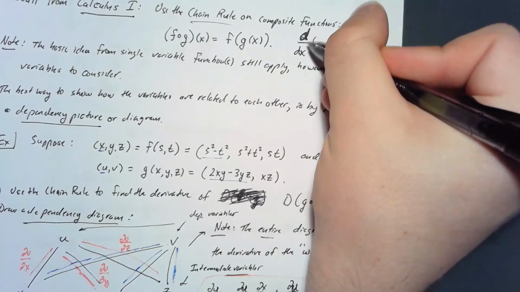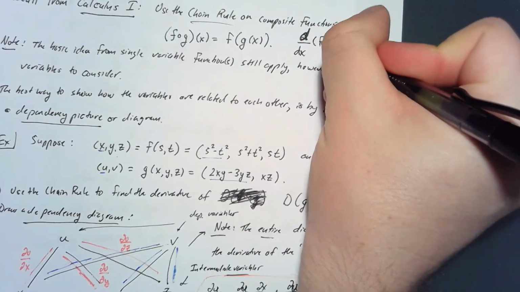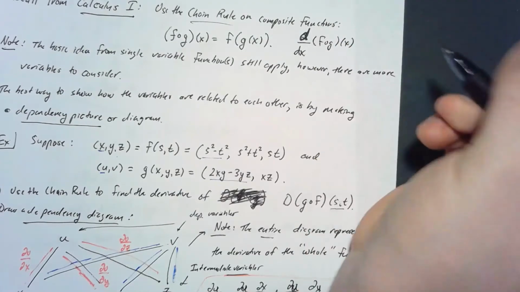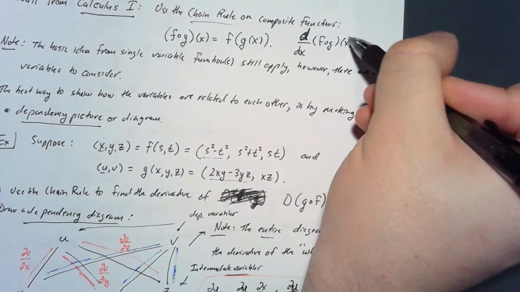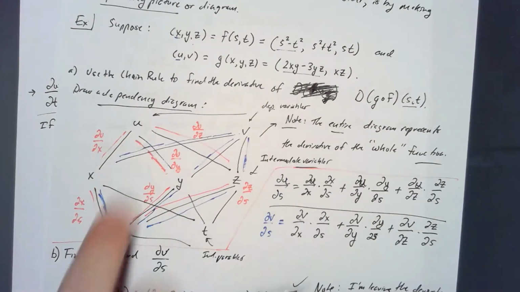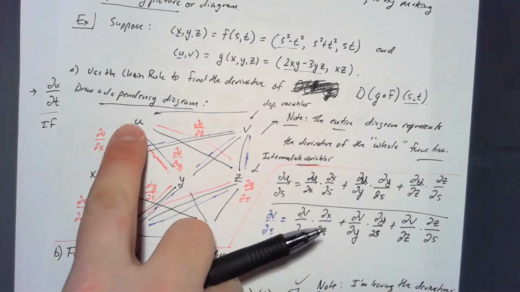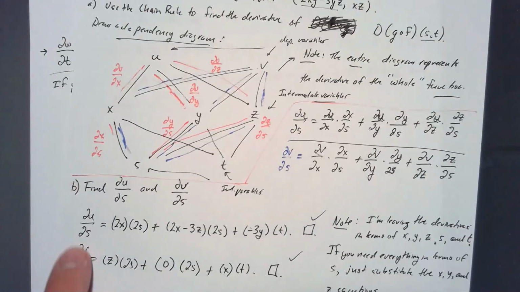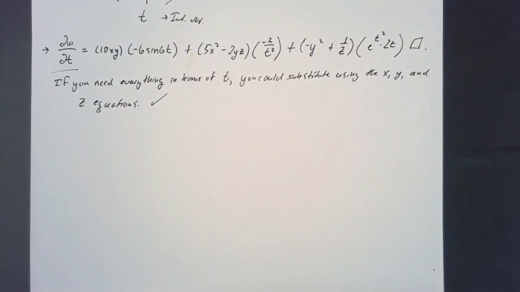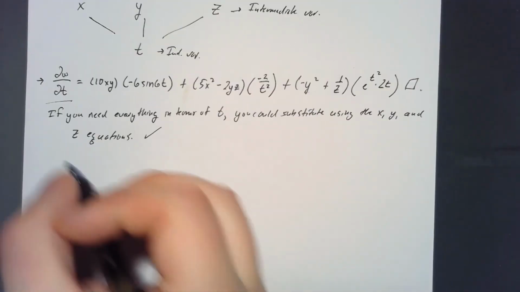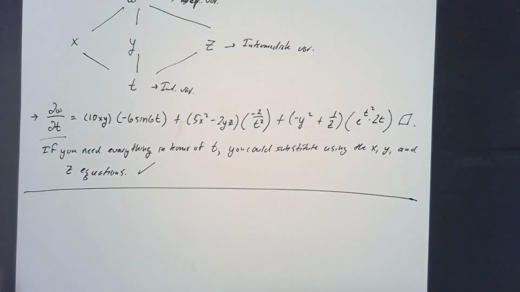That's the derivative of f composed of g of x, right? Take the derivative of this function with respect to x. That's the dependent, this is the independent. So same idea here. I'm differentiating u, so u's dependent with respect to s, so s is independent. So when it comes to the chain rule, that's really it.